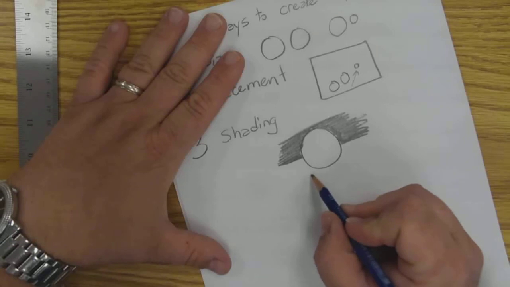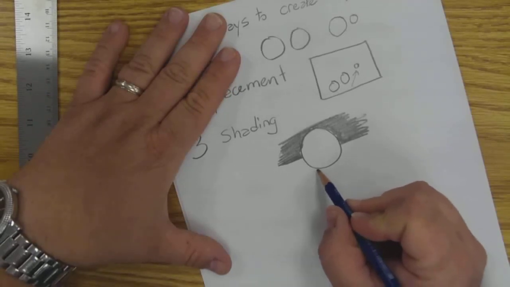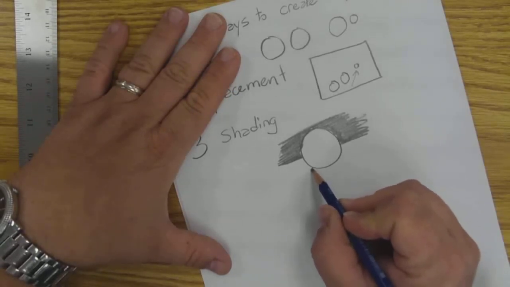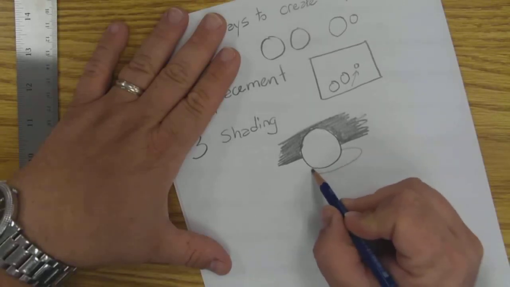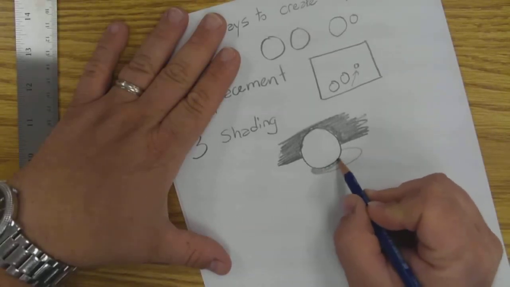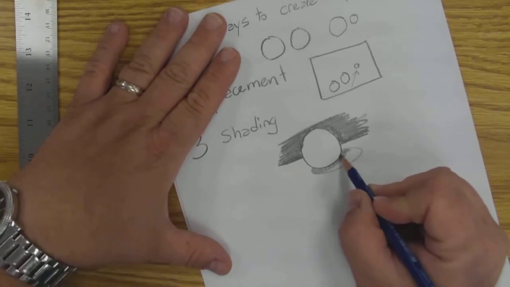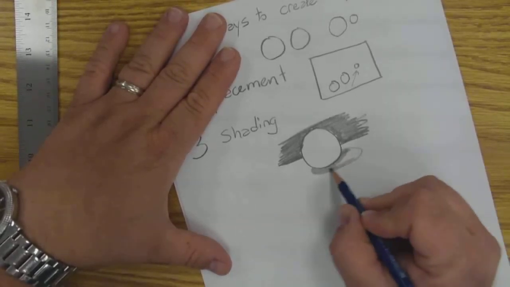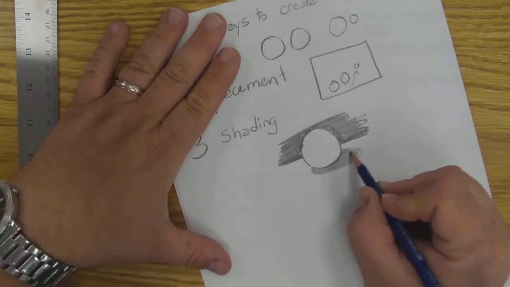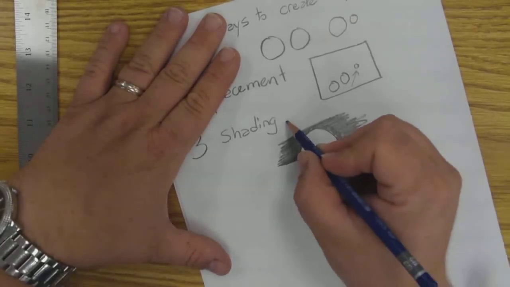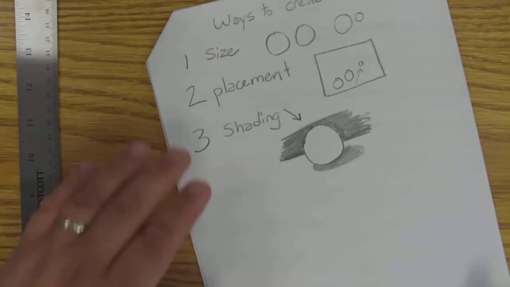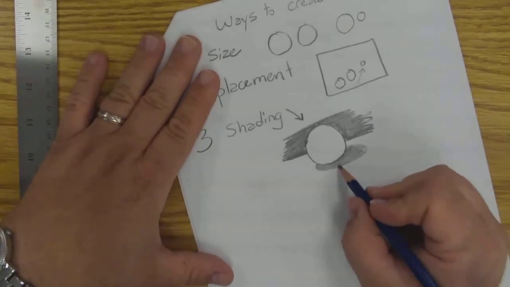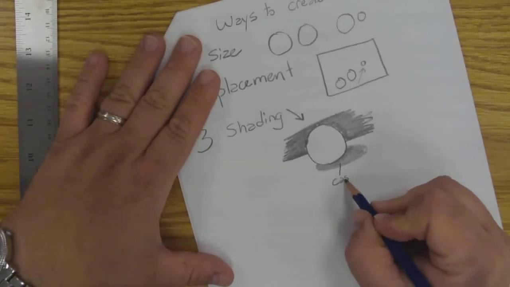Now if I include a shadow, and darken that in, now it implies that this is sitting on this table and blocking the light. The light would be coming in from this direction up here and would be casting a shadow. So this is called our cast shadow.